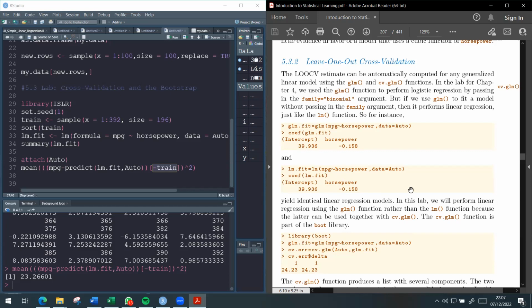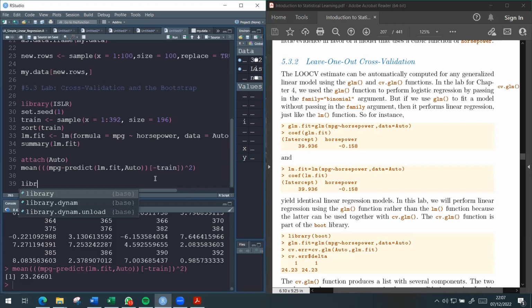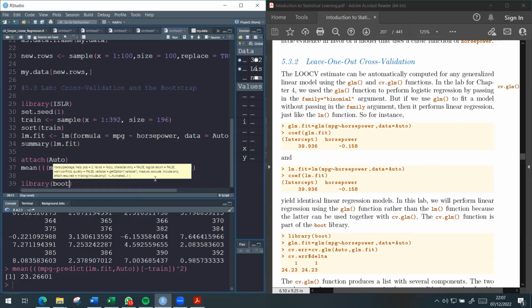In this lab, we will perform linear regression using the GLM function rather than the LM function, because the former can be used together with CVGLM. The CVGLM function is part of the boot library, so we'll have to set up the boot library. So library boot.